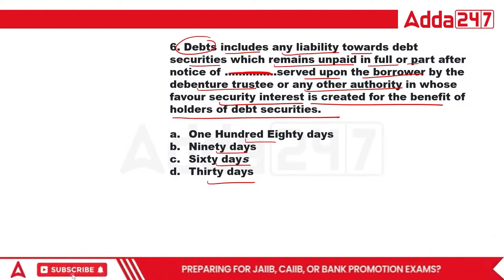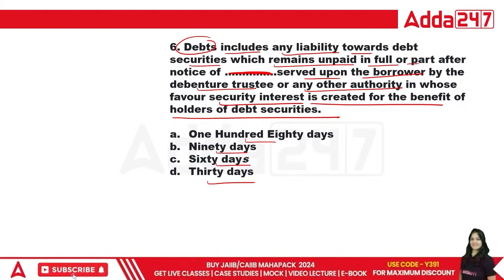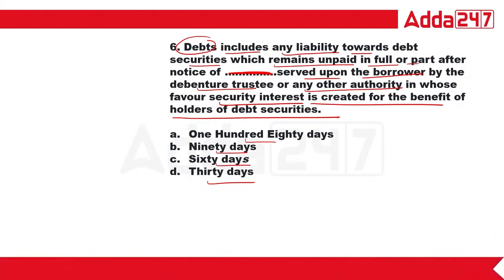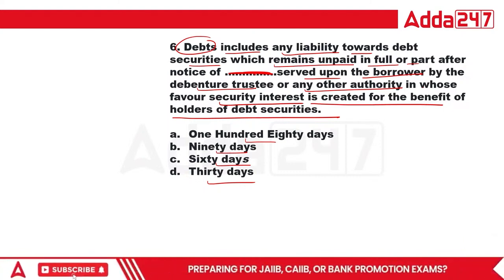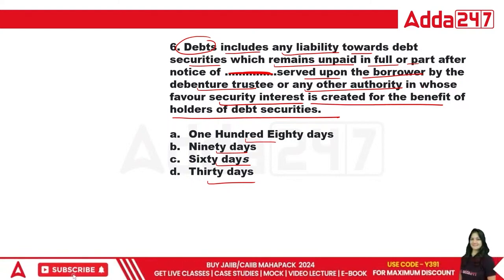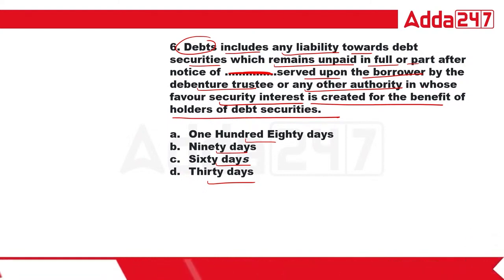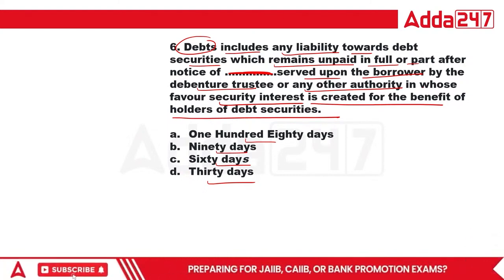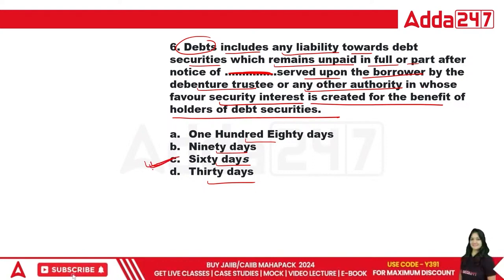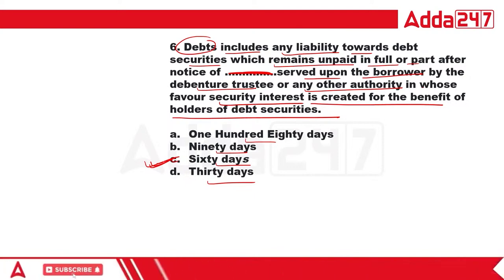So the notice of what? Notice of 60 days will be given to the borrower. So this is the right answer. Okay, 60 days.